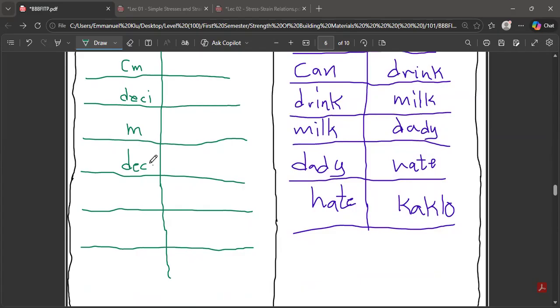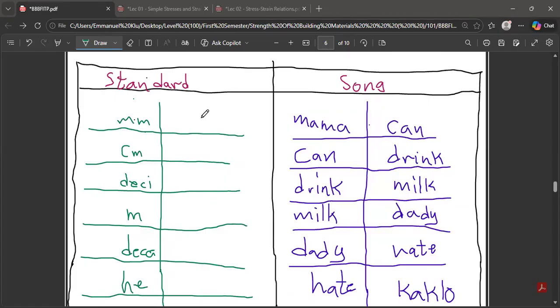Hecti. And then Hectare. This one is going to be Hecto. Deca.